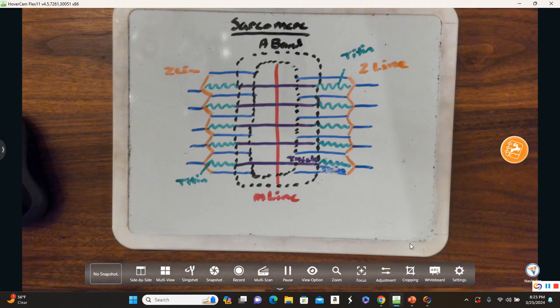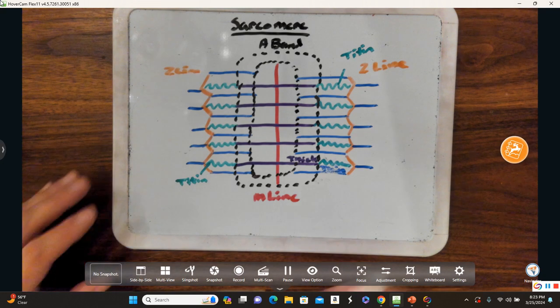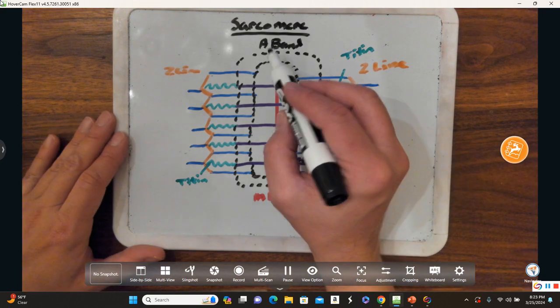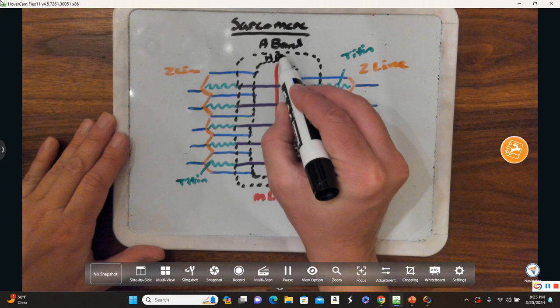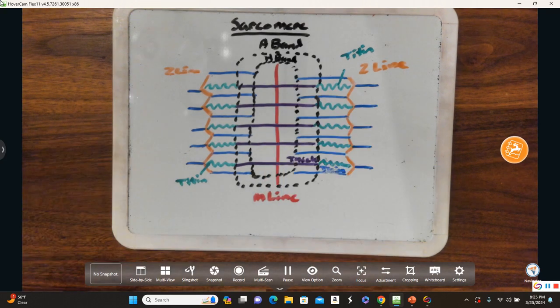They don't get to just do it and then take a picture of it and send it. But they get to use it during the test, and so you guys will get to draw it too. But there's kind of one loss there. This is the H band. H band. Okay.